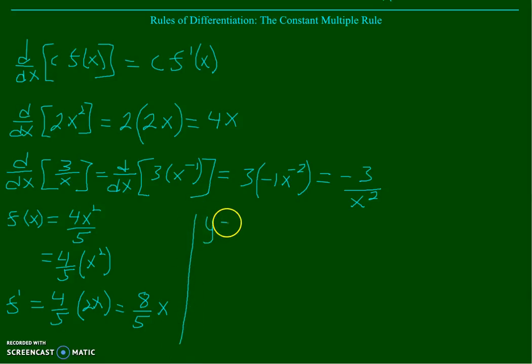Let's say y equals 2 square roots of x. So to rewrite this one, we'll have 2x to the 1/2, and to take the derivative, y prime is 2 times, pull down the exponent, 1/2 x, subtract 1, 1/2 minus 2/2 is negative 1/2.